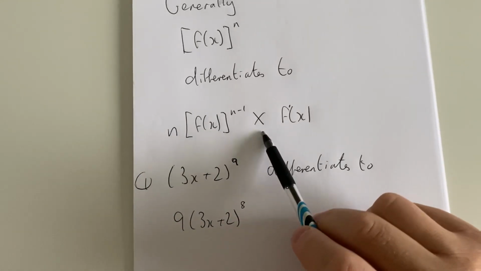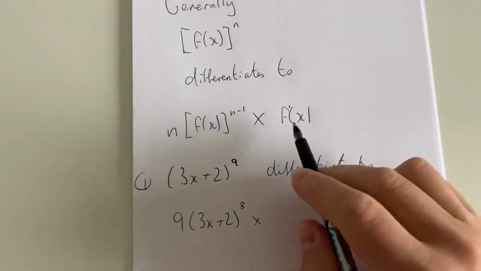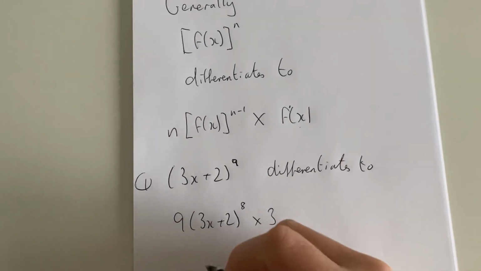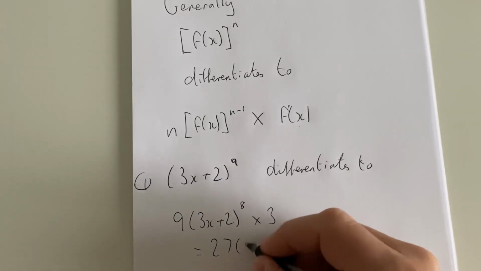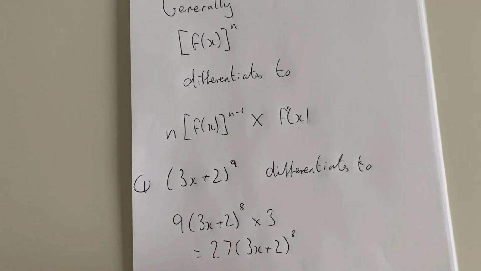But you have to remember to multiply by the differential of the function. So we're going to multiply by the differential of this, which will be 3. So altogether, you would have 9 times 3 is 27, 3x add 2 to the 8.